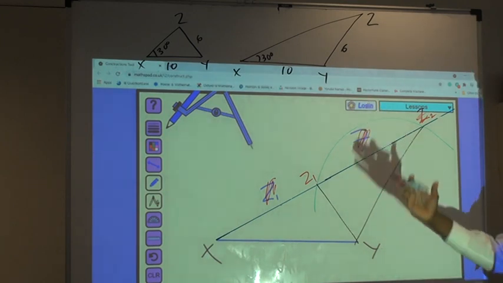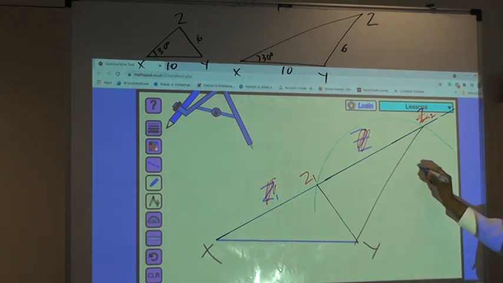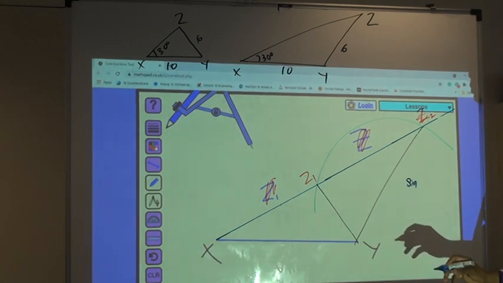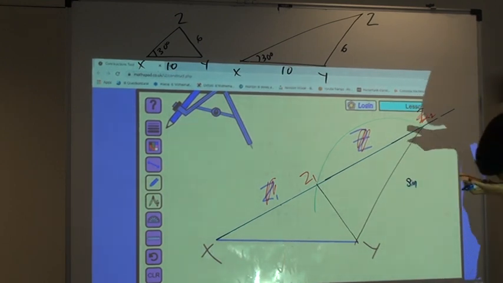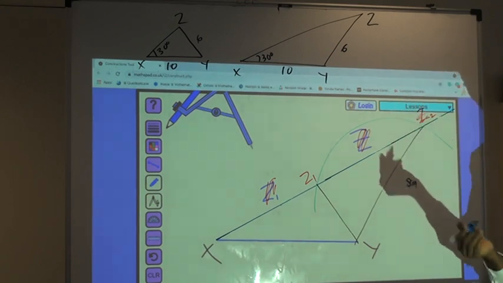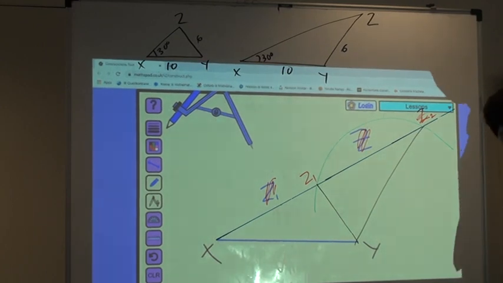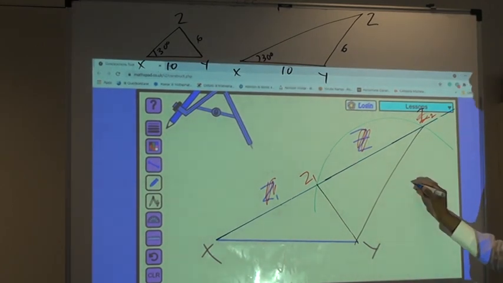Really? There's A on the board? Yes? Sine. What is the sine rule? Oh, gosh. Yes?